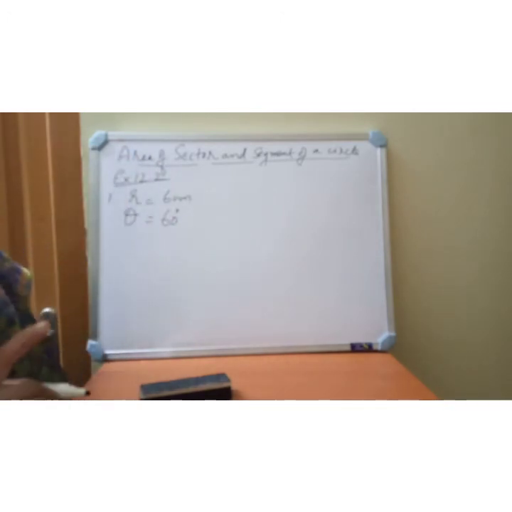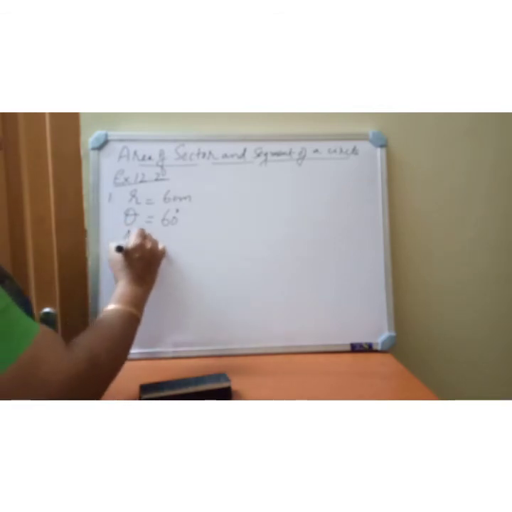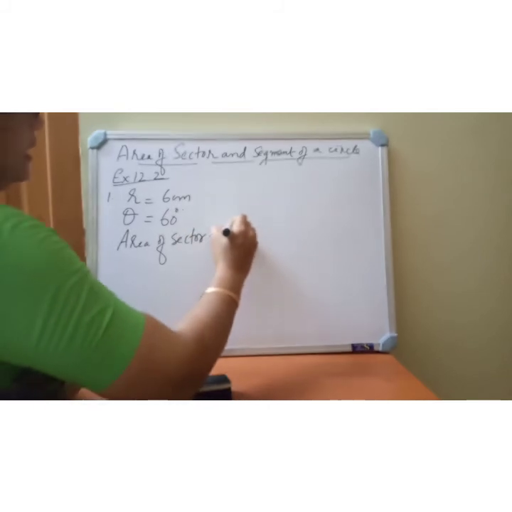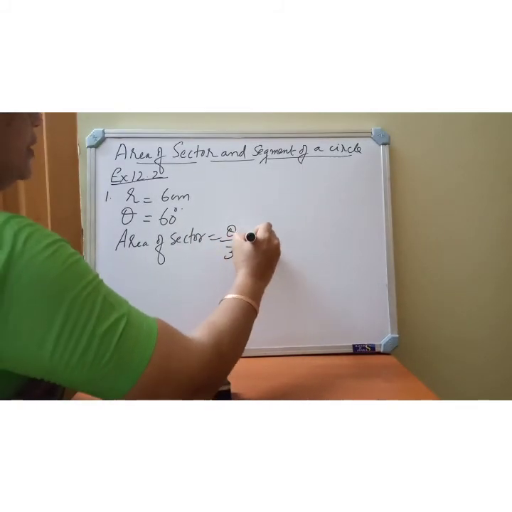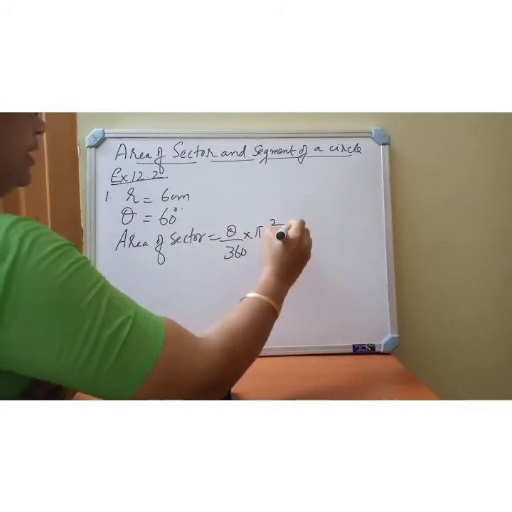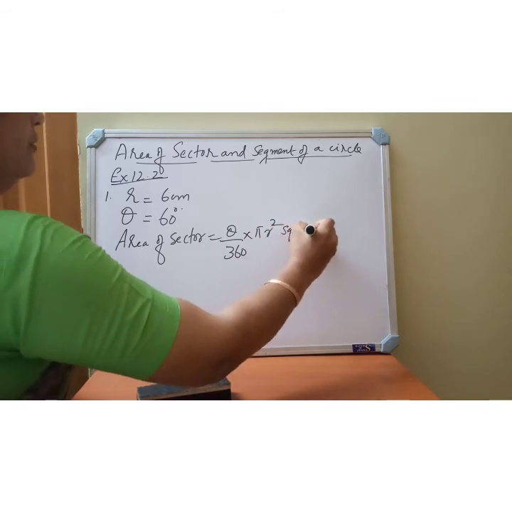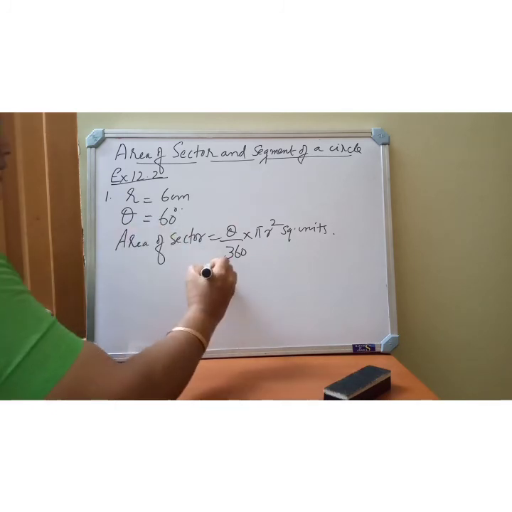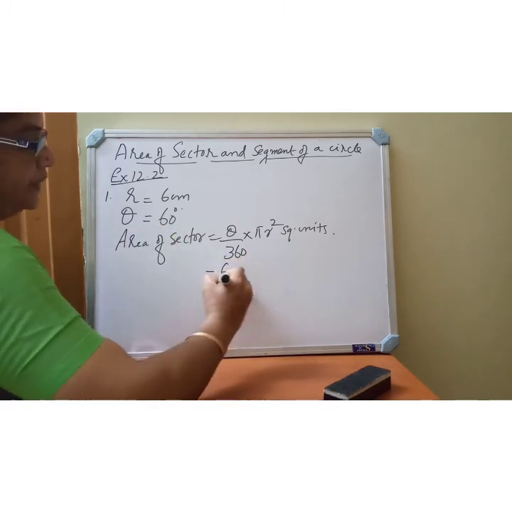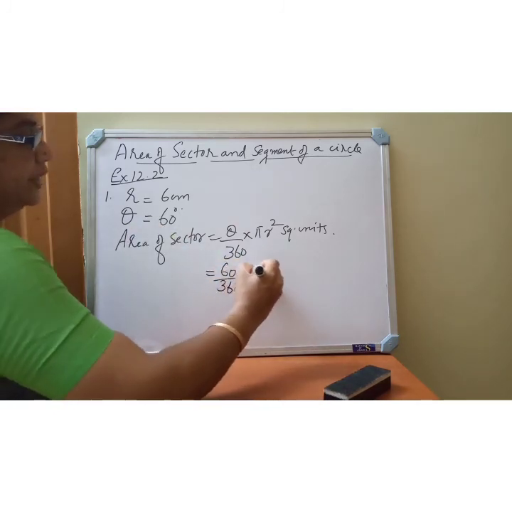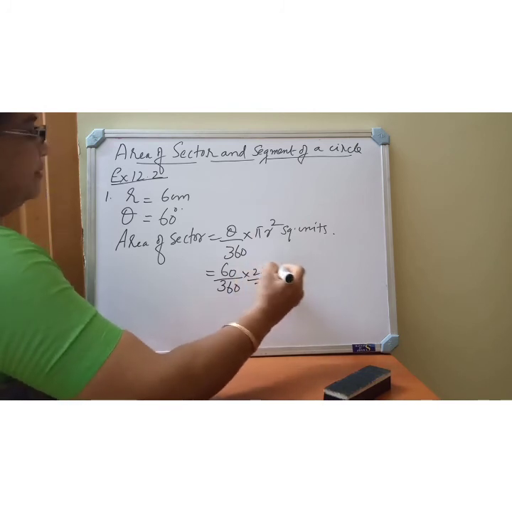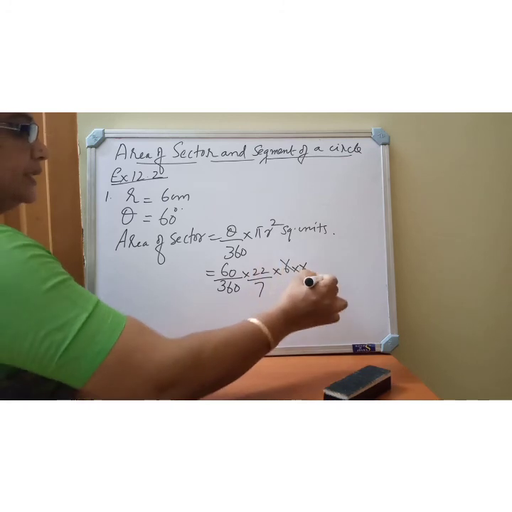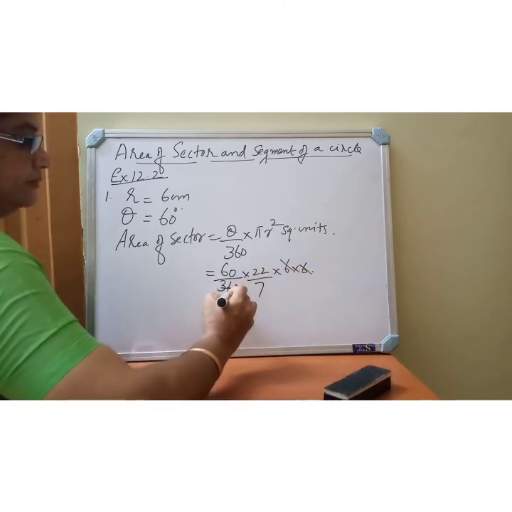So what is the formula we studied? Area of sector is equal to theta by 360 into pi r square unit. Substitute the value of theta, 60 divided by 360 into 22 by 7 into 6 into 6. So 6 sixes are 36.